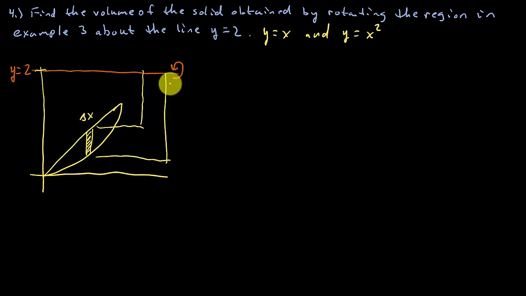So now this radius is big R, and this radius is little r. All right, and I know I'm going from 0 to 1. We calculated that in the previous example. So now I need big R, and I need little r.